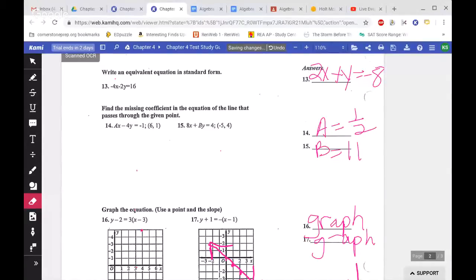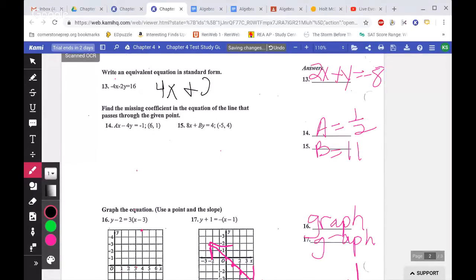And I did a -1/2, but if you did a -1 and you just got 4x plus 2y equals -16, that would be fine too.